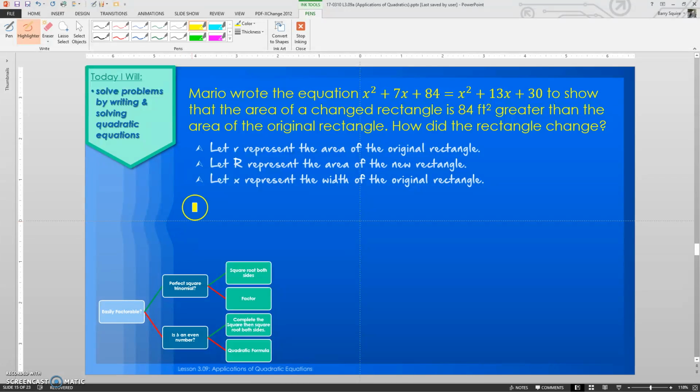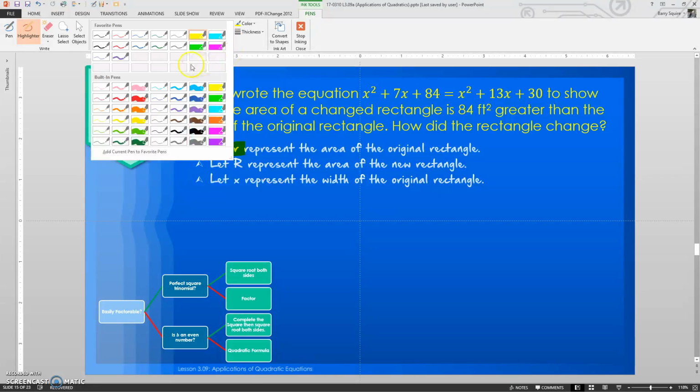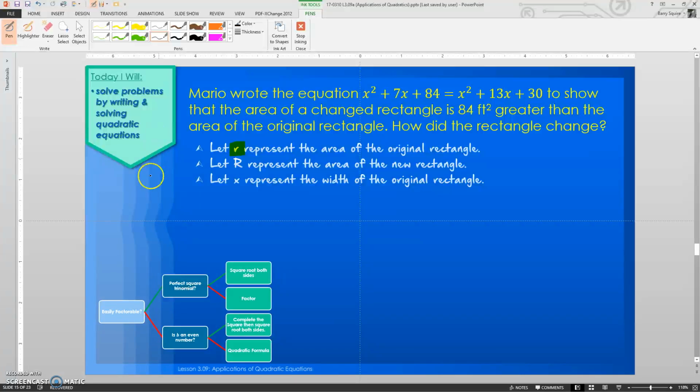So we're going to let little r represent the area of the original rectangle. Sorry that I'm hesitating there. And we're going to let big R represent the area of the new rectangle after it's been changed. And we're going to let X represent the width of the original rectangle.